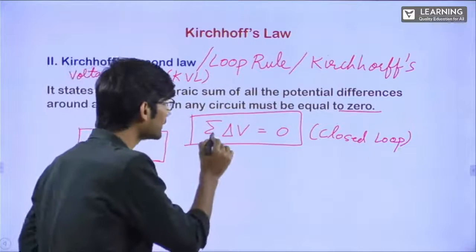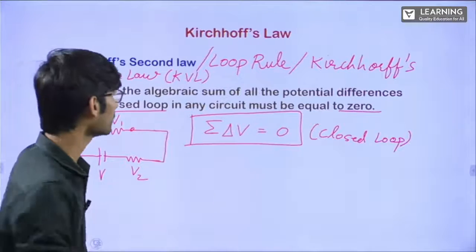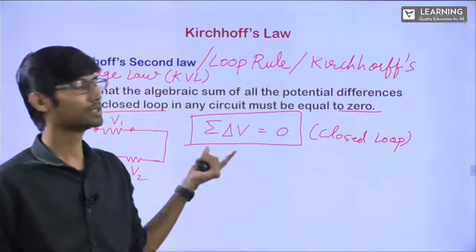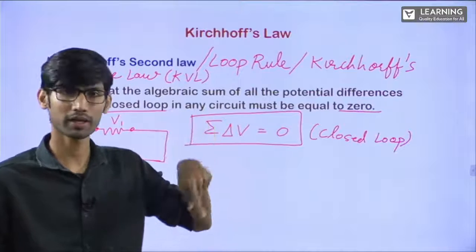Here sigma delta V is equal to 0 in a closed loop. All right. So if the sum of delta V is 0, that means some voltages will be positive, some will be negative. It's very simple.